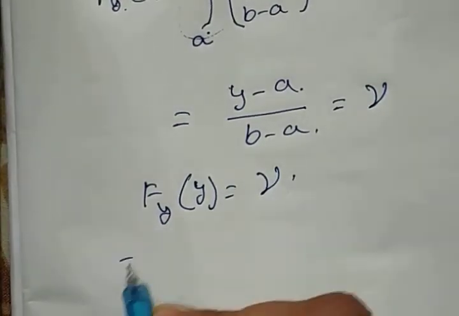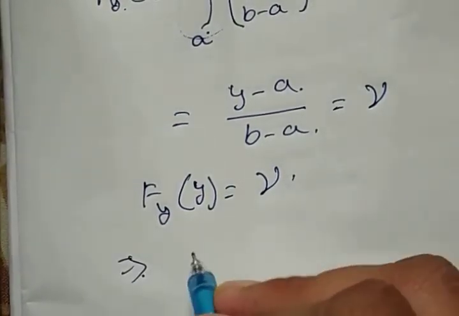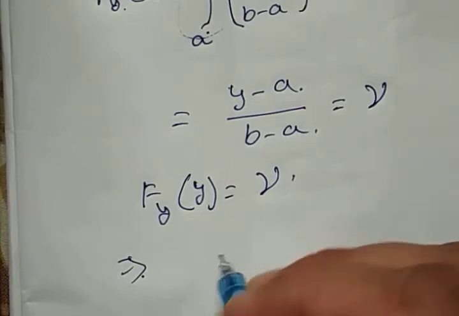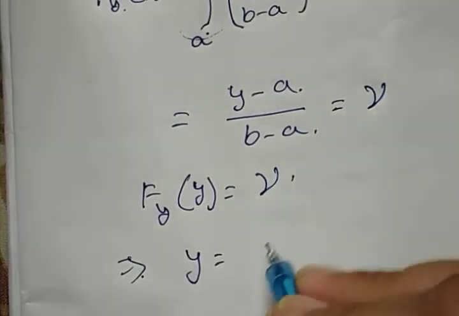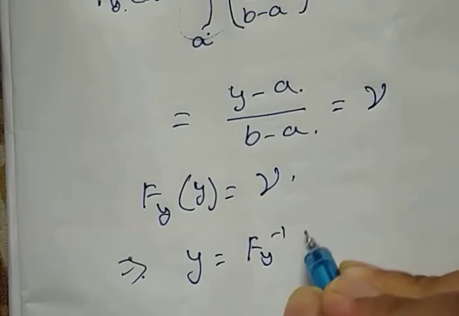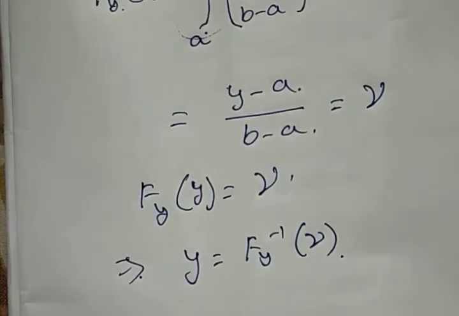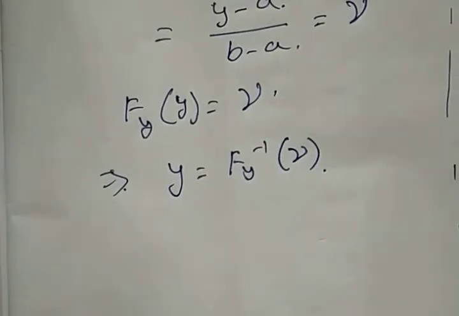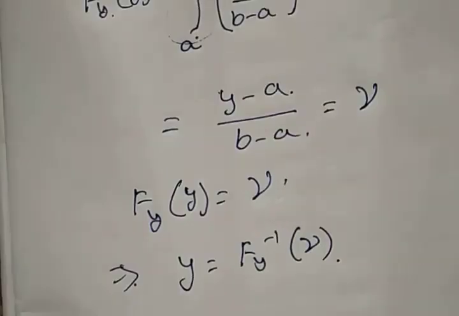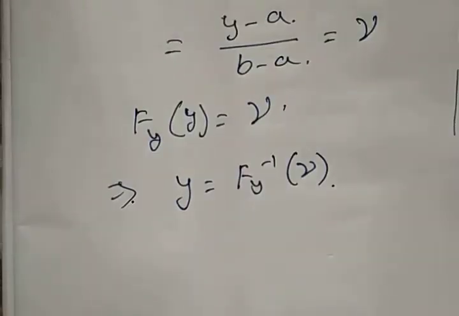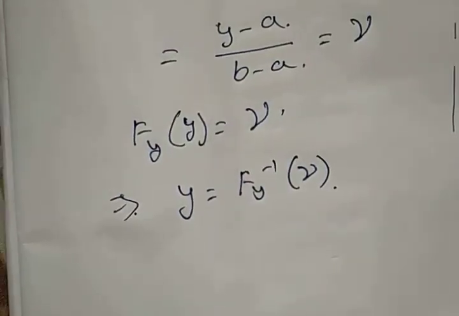Or what can I say? I can say y equals Fy inverse of my deviate. Now from this equation, how do we get that Fy inverse, how do we come up with this relation?